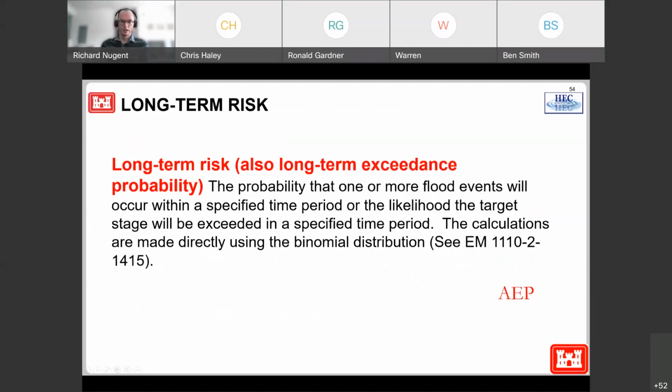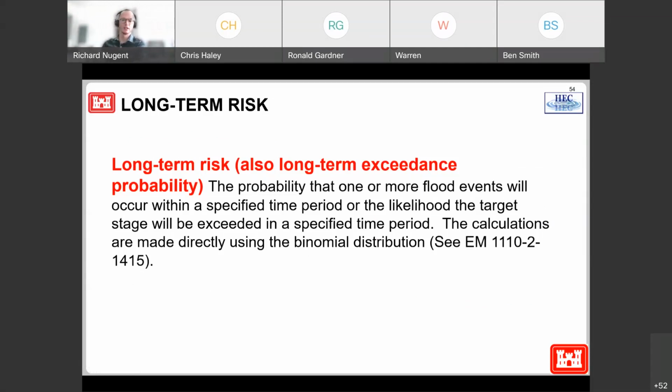Okay. The next way that we can characterize this part of the risk equation, that is hazard and performance, is long-term exceedance. And this is the probability that one or more flood events will occur within a specified time period, or the likelihood that the target stage will be exceeded at least once over that time period.